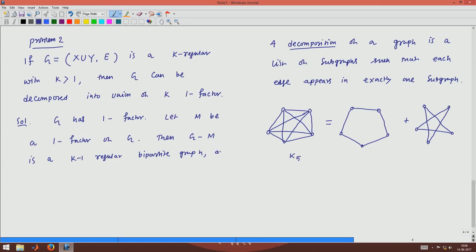And by induction, it can be decomposed into the union of k minus 1 factors.